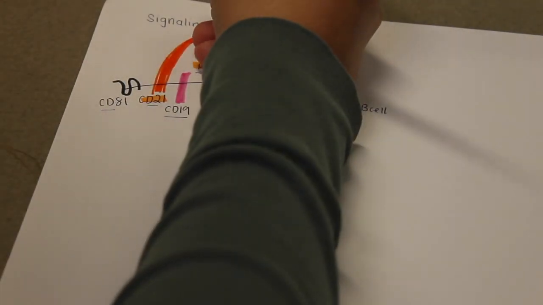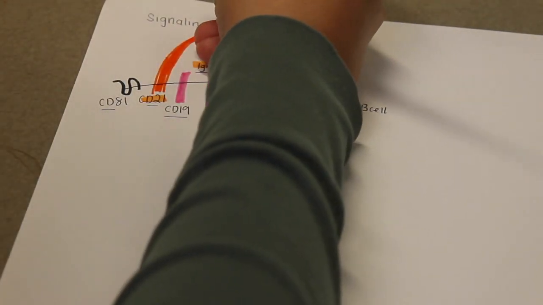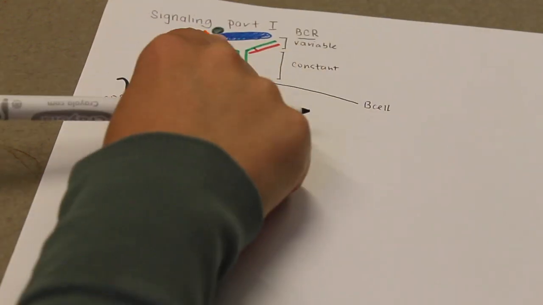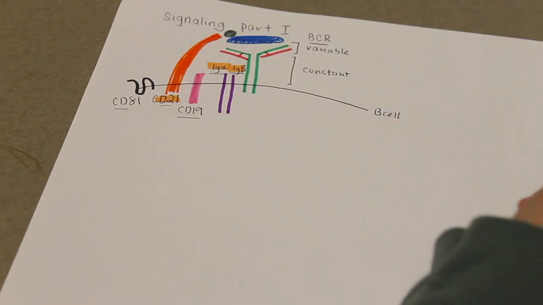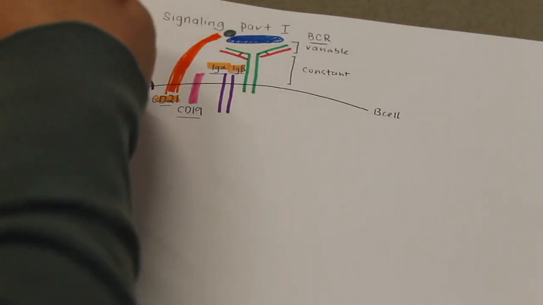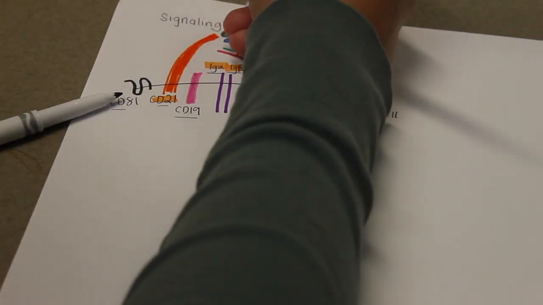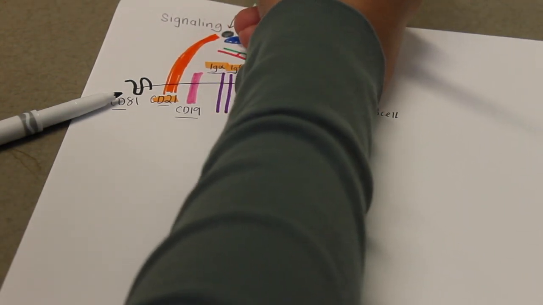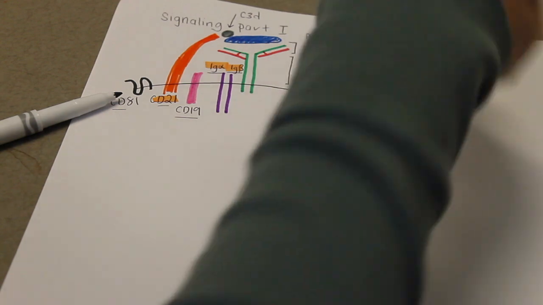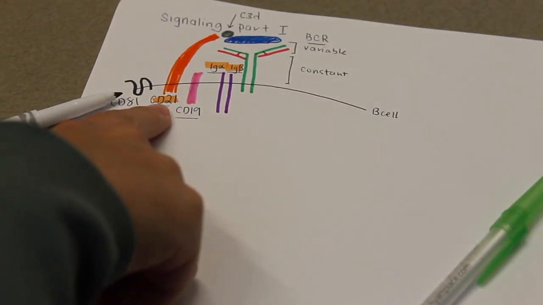For now, complement is going to tag pathogens with a little bit of peptide, and that little piece of peptide is called C3d, and that's recognized by CD21.